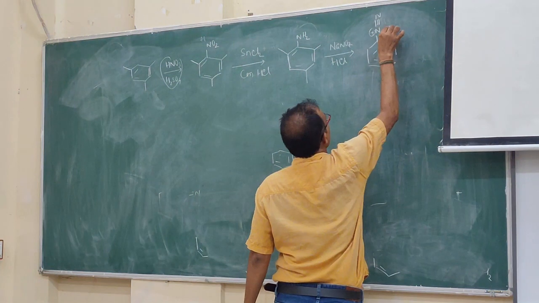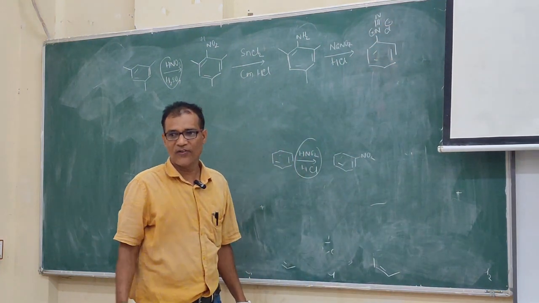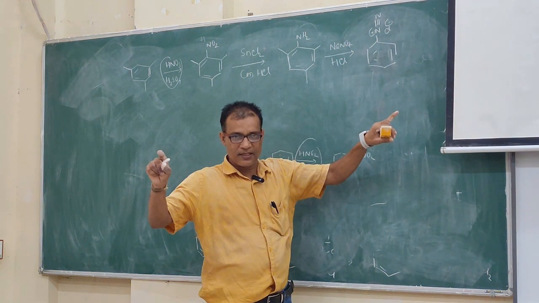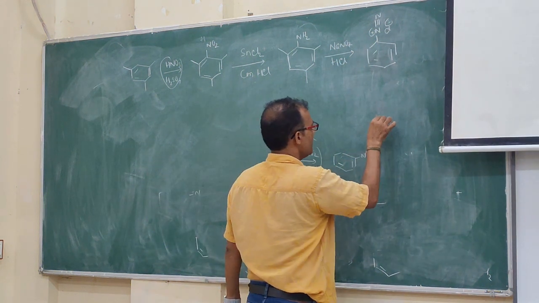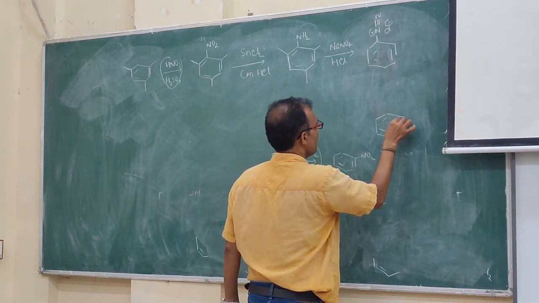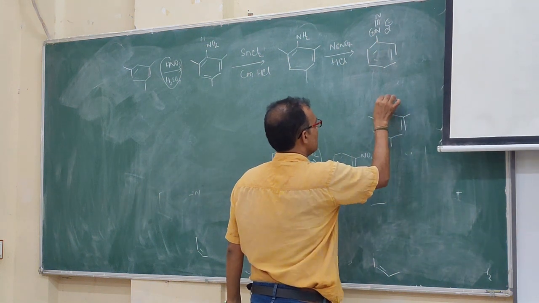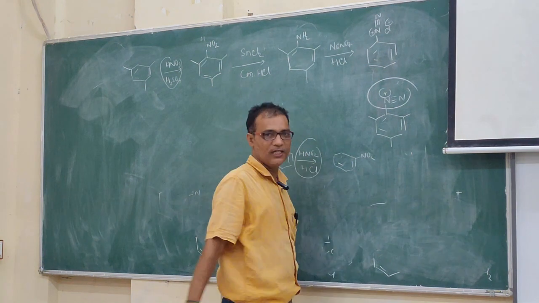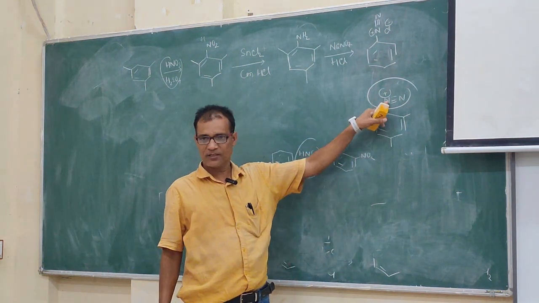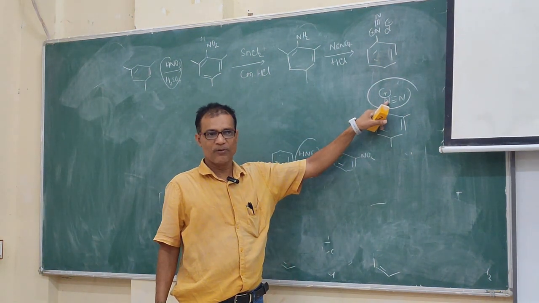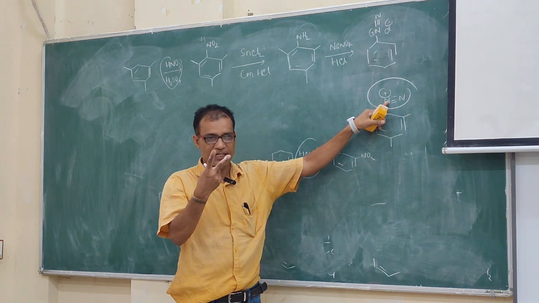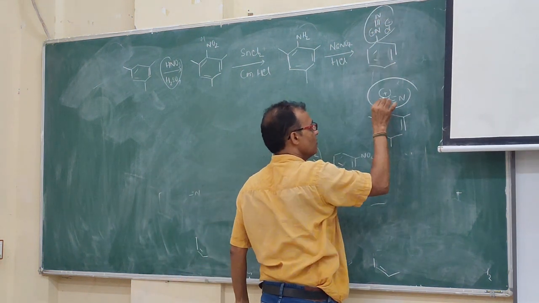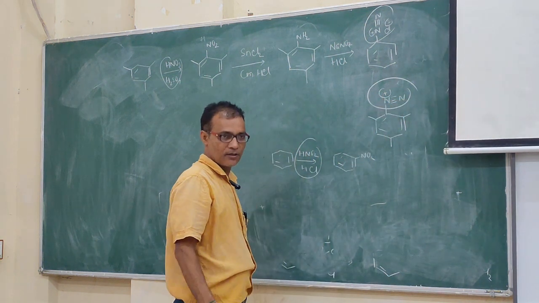Whenever there is a triple bond, please write it as a straight line, sp. Some people write it bent, that is wrong, because it is not linear that way. Triple bond means sp center, sp hybridization, so it will be linear. Make it straight like this. Don't bend. You got it or not?